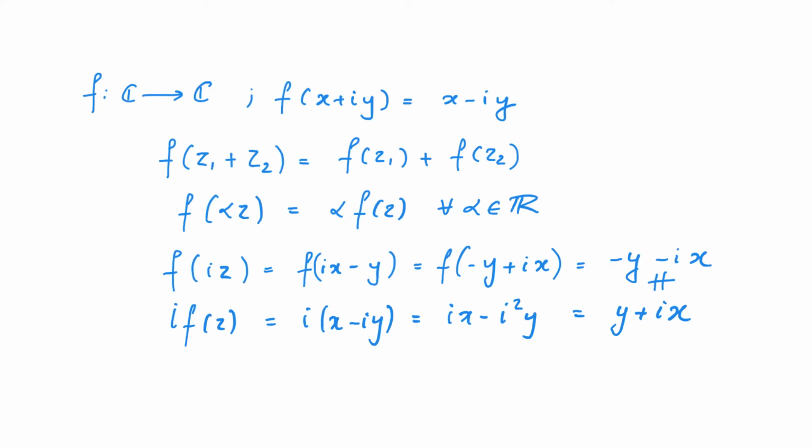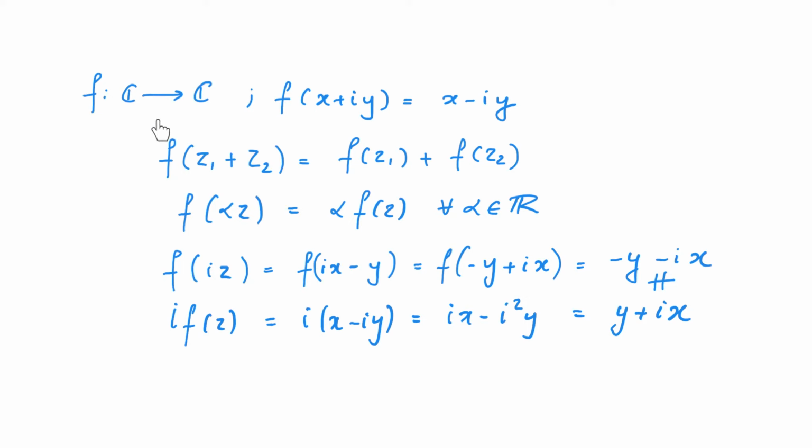So notice that our function is linear with respect to the third definition that we are interested in, that is, a function such that f of z1 plus z2 is equal to f of z1 plus f of z2 and f of alpha z is equal to alpha times f of z if we take only real values for alpha. However, if we allow complex values for alpha, then this function will not be linear with respect to this definition.